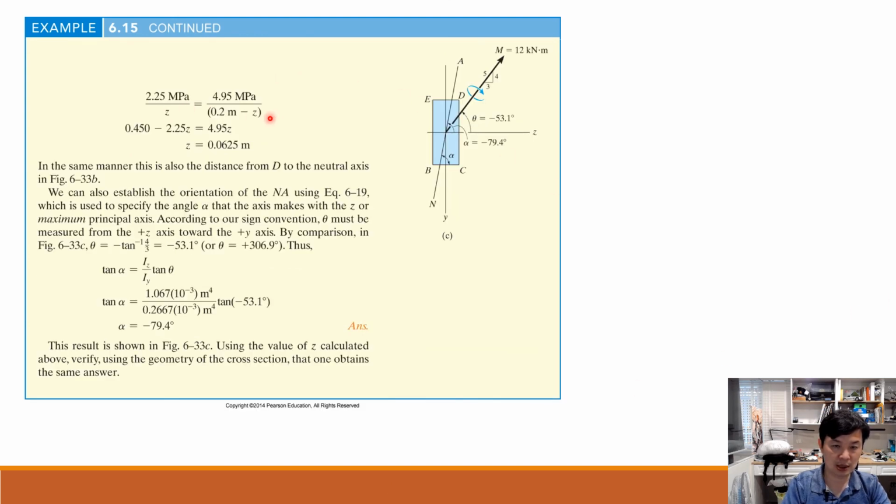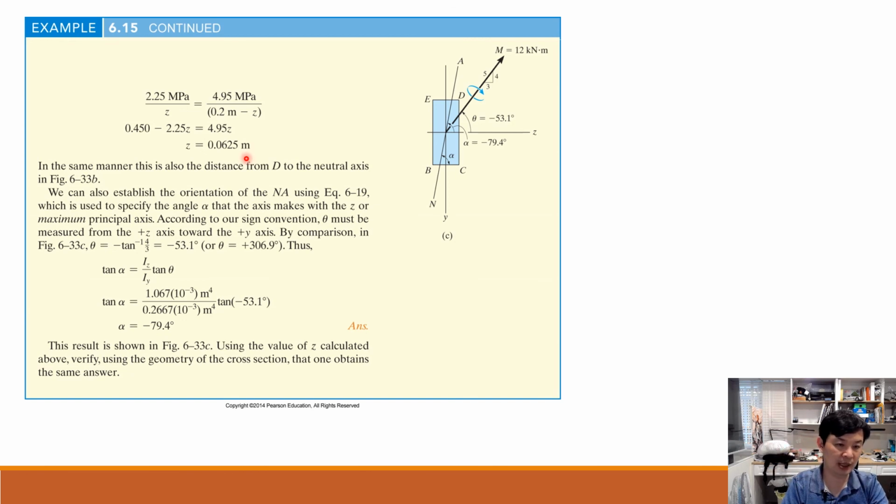Here's the process: the maximum on one end, the other end, and the total length would be 0.2. This z would be the ratio between them. So after that, we get z as 0.0625 meter. In the same manner, you can get the same distance on the opposite side of the beam.